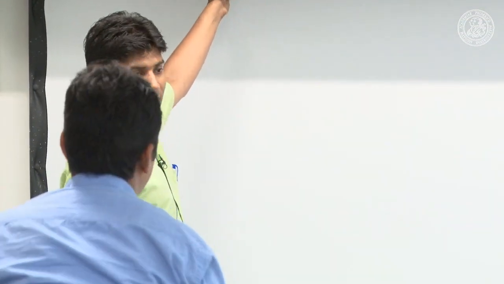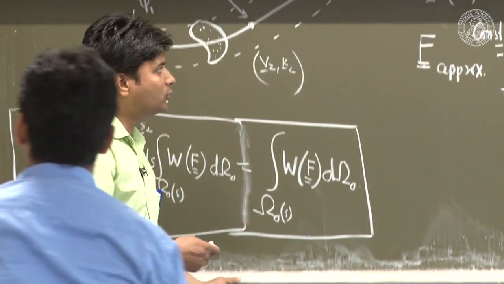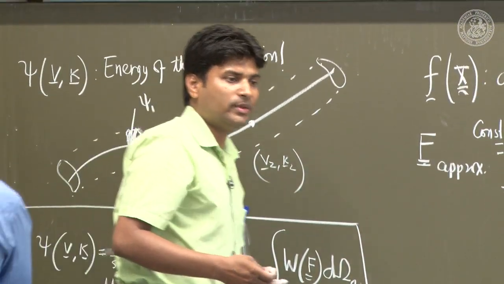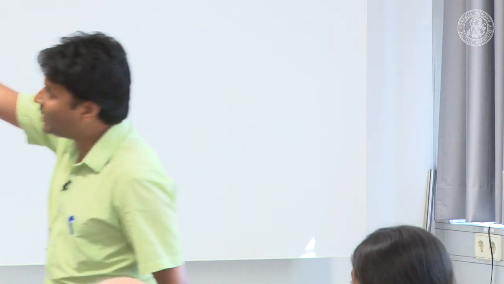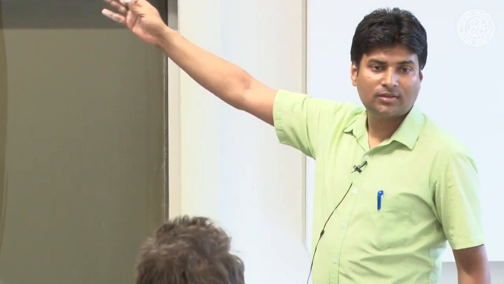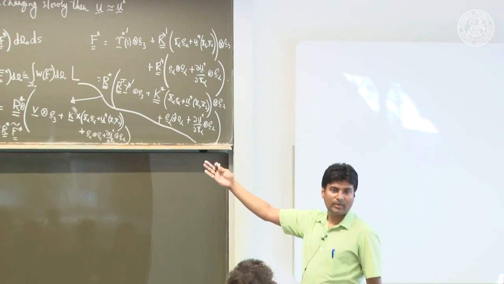So, if you want to minimize the energy of the rod, then what should you do? You just minimize the energy of the cross section instead of minimizing the whole rod's energy. See, this was some mathematical proof, but you could have also seen it from physics, right? Every cross section is behaving the same way, so every cross section has the same energy.